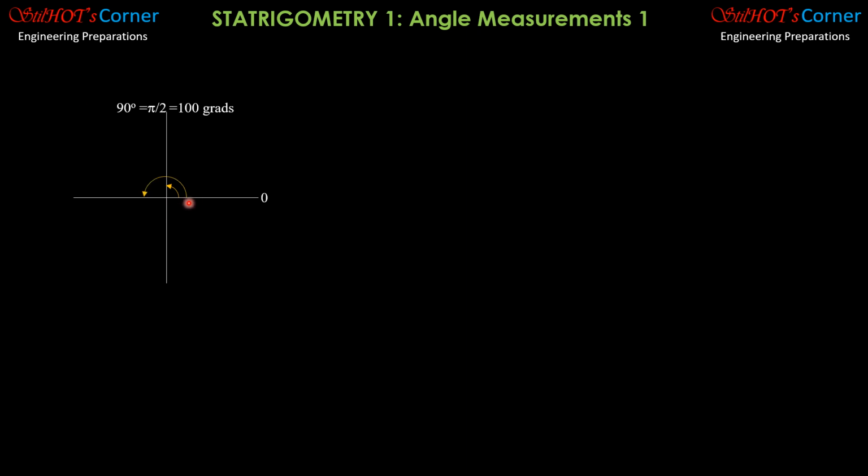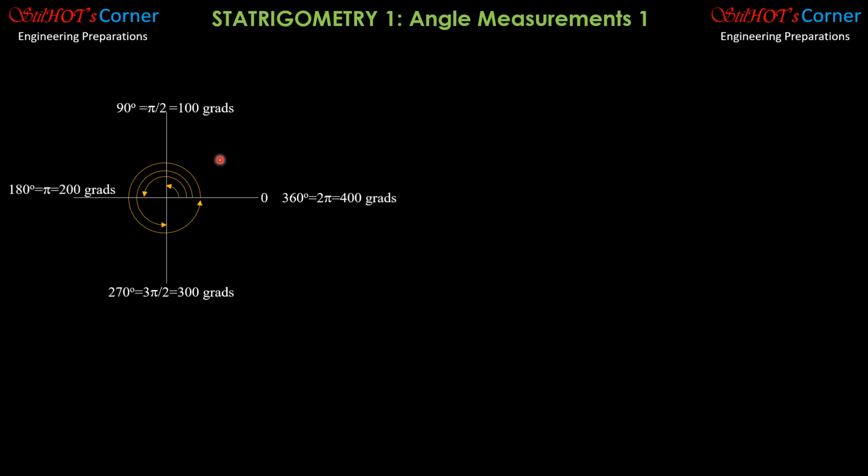Then from the positive x-axis to that straight line, the angle is 180 degrees, which is equal to pi radians, 200 grads. Then this one is equal to 270 degrees, 3 halves pi radians, 300 grads. Then for one complete revolution, we have 360 degrees, 2 pi radians, 400 grads.